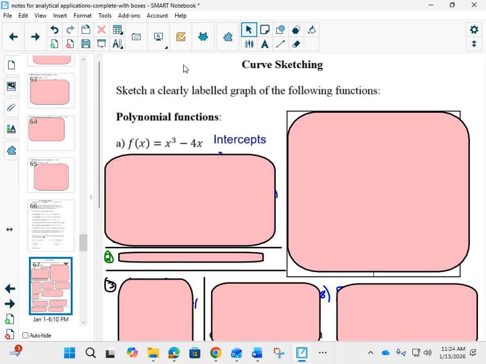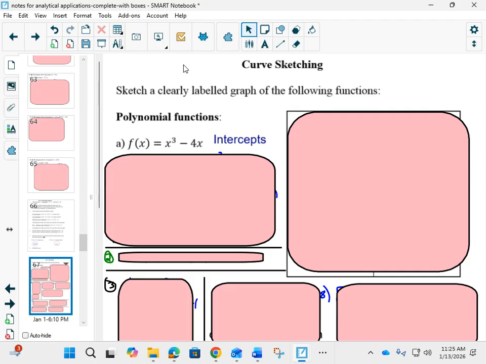Starting off with your intercepts. Can you do the mental math to find your x-intercepts and y-intercepts? I'll show you the result in a couple of seconds, but try it first on your own.